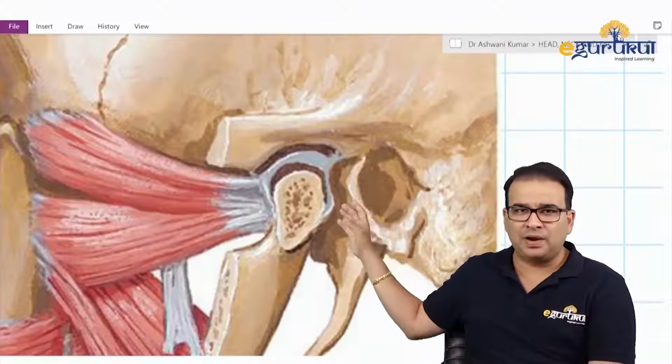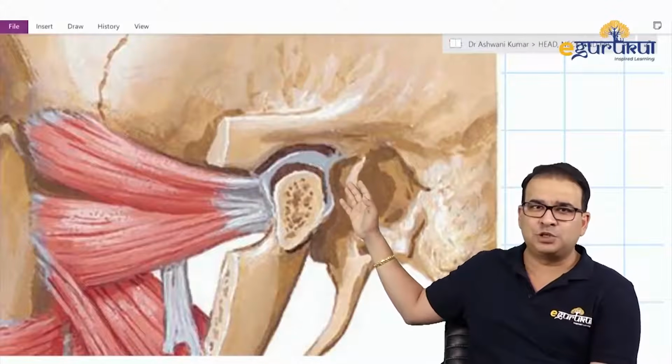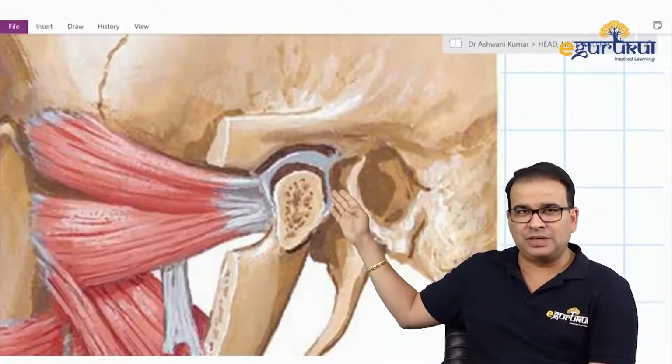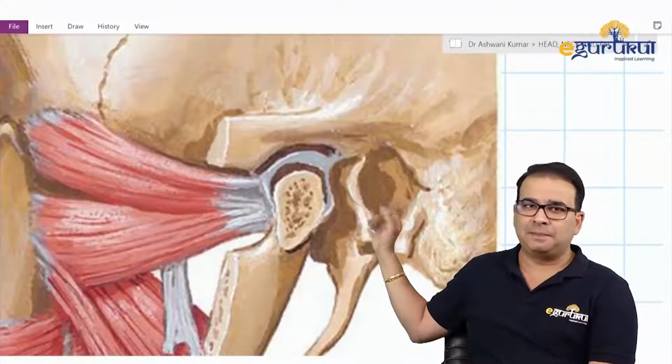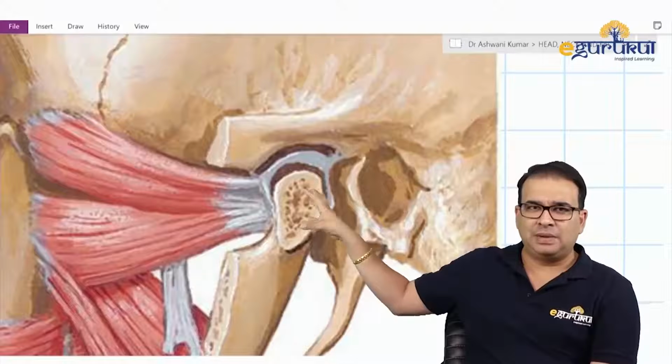But we are provided with a support or cushion in between, and that's the adipose tissue which you see between the posterior part of the capsule of the TMJ and the tympanic plate. Inferiorly, it's all about the head of the mandible.